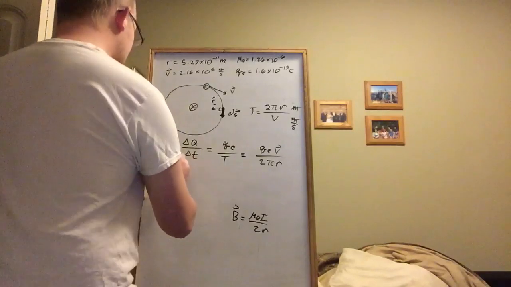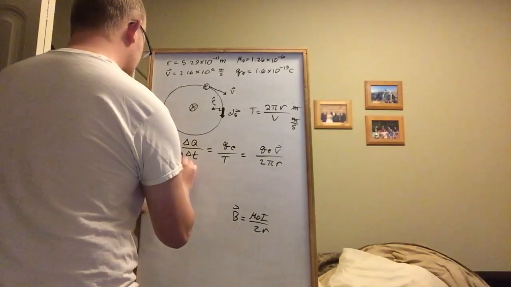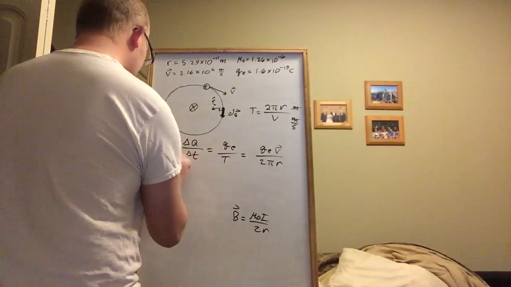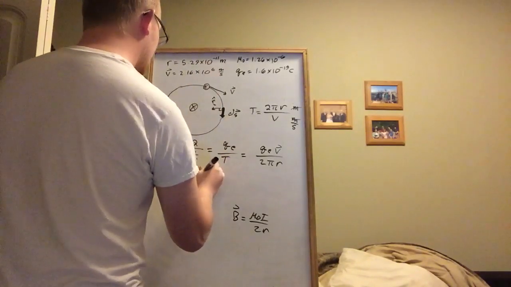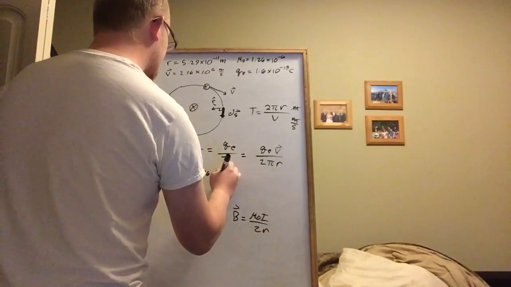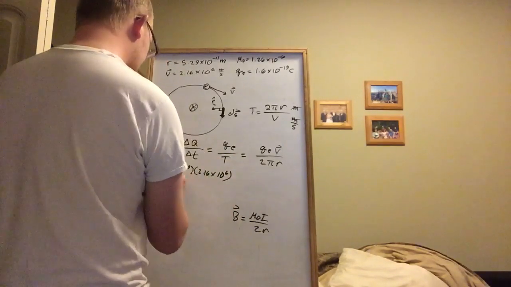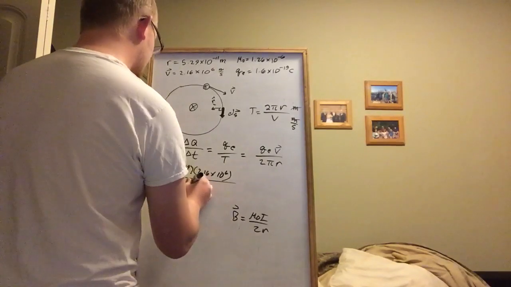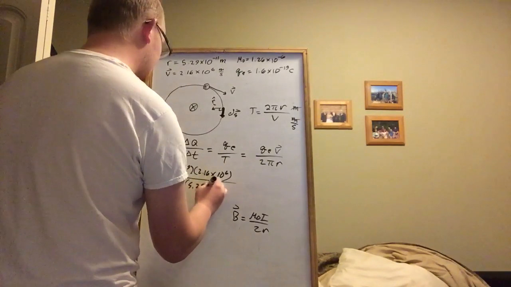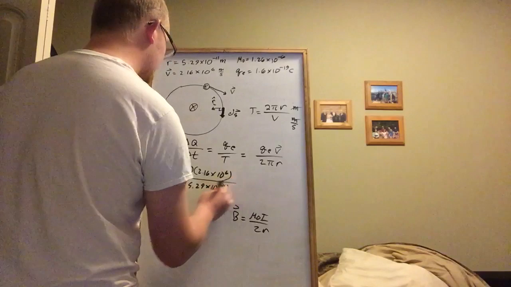Alright, so Q sub E is 1.6 times 10 to the minus 19 coulombs, times the velocity, which is given as 2.16 times 10 to the 6th meters per second, divided by 2 pi times the radius, which is 5.29 times 10 to the minus 11 meters.